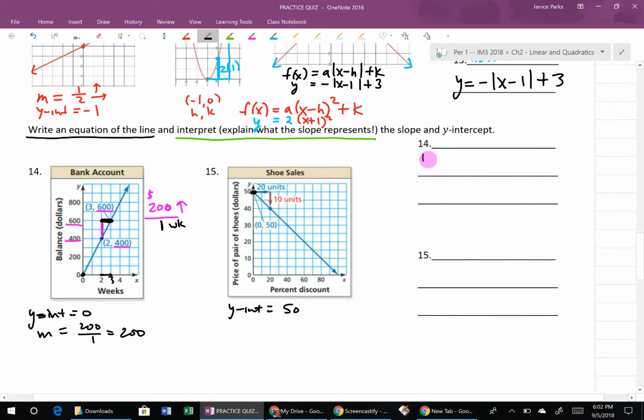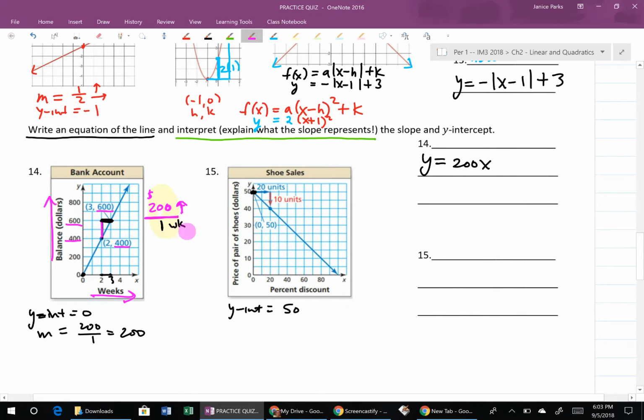My equation then would be y is equal to 200x and then plus 0, which we're not going to write the plus 0. The interpreting of the slope means that the balance goes up 200, okay, every week.